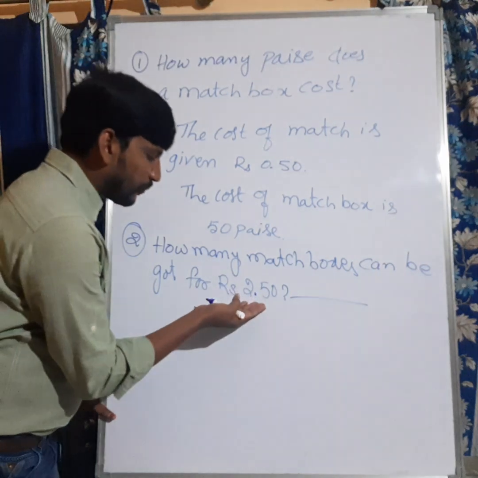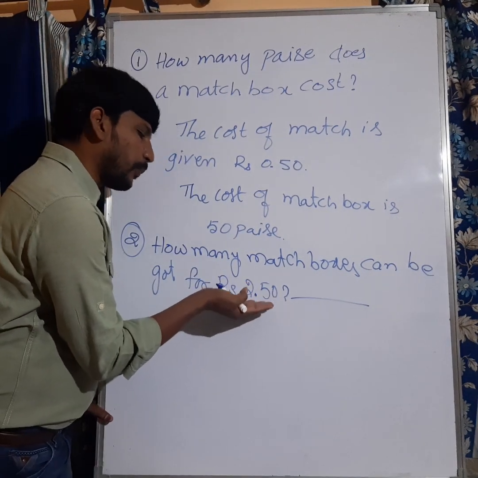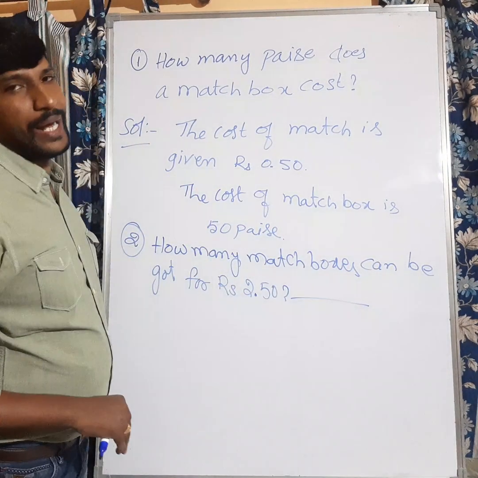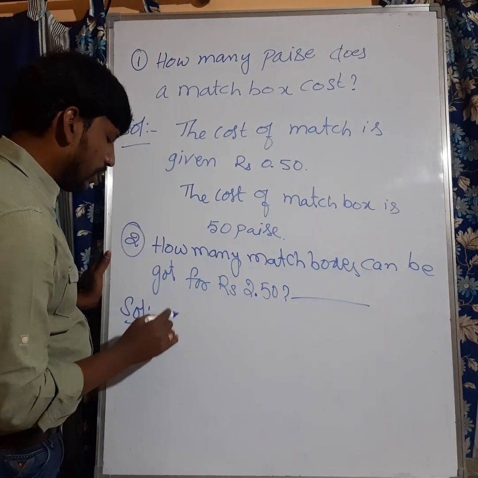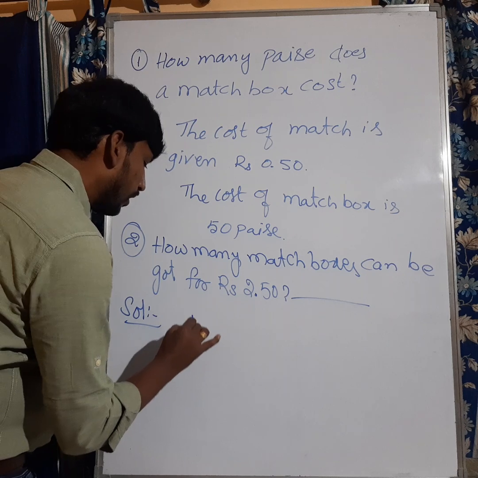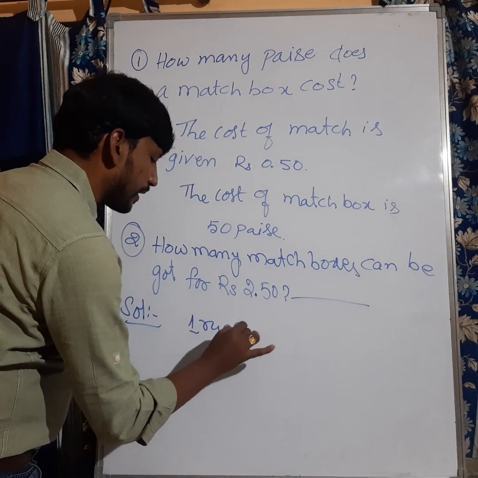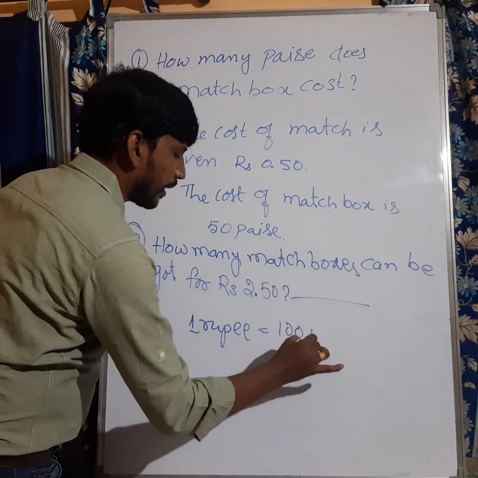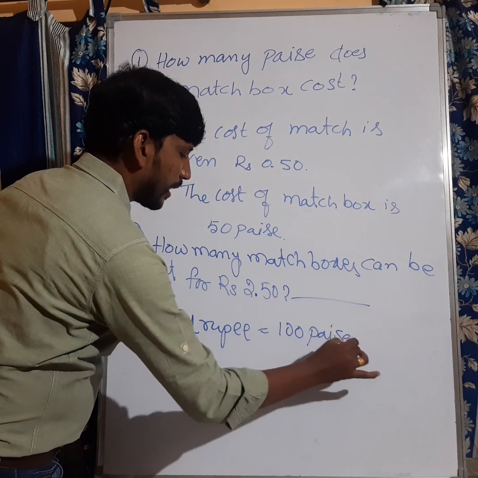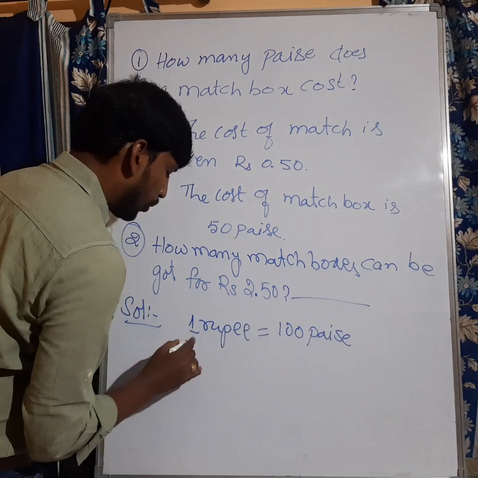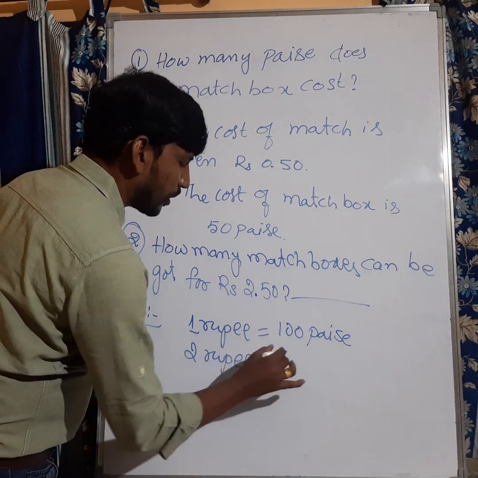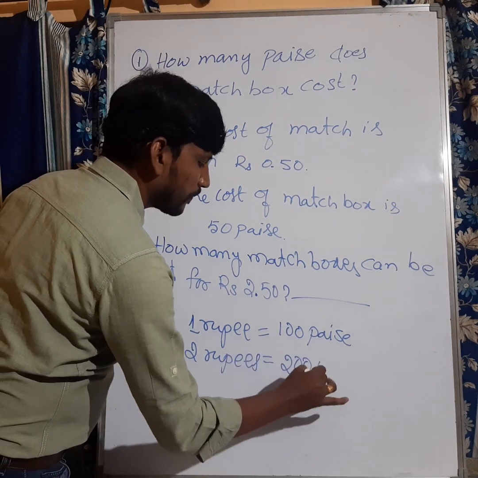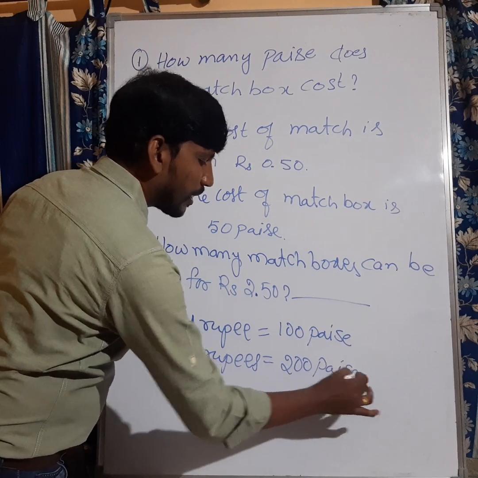First of all, we have to convert this total rupees into paise. Clear? Now see this here. We know that 1 rupee is equal to how many paise, beta? Right, 100 paise. Now 2 rupees is equal to how much? 200 paise.